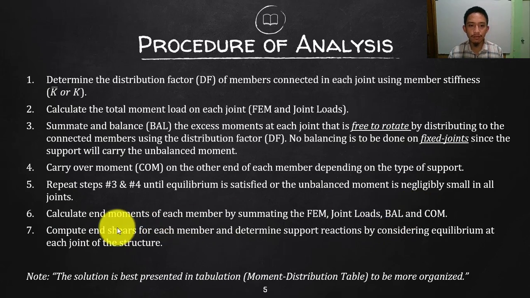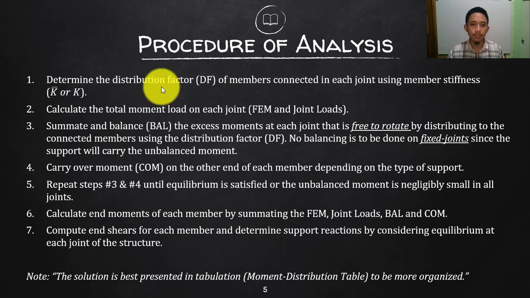And then once you have that again, repeat the process just like in slope deflection. Compute the end shears for each member, determine the support reaction, and of course, once you have the reaction, you can now check the equilibrium of the total structure. Because, okay, that is the last way of checking if you really had correct solution.